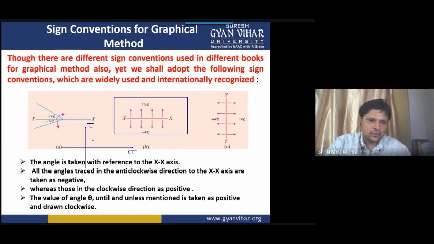Now, whatever the value of tau and sigma, a tensile value is considered positive. So the tensile values of sigma will be on this side, and they are generally positive.